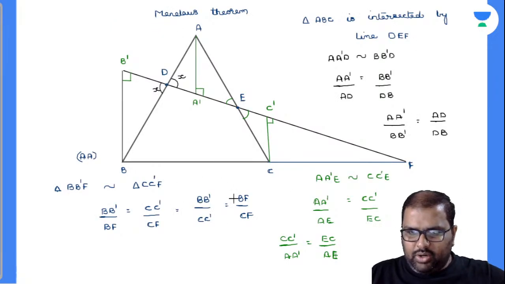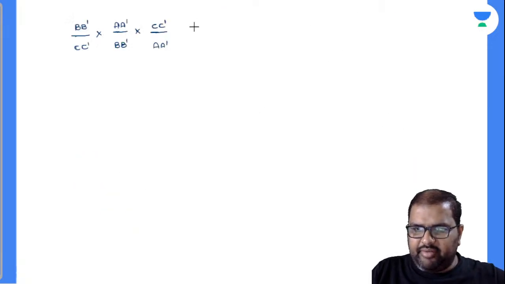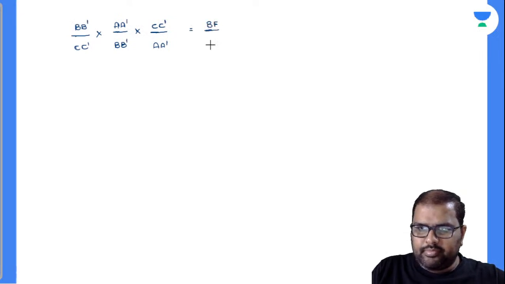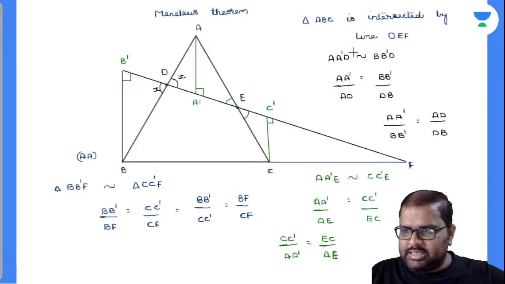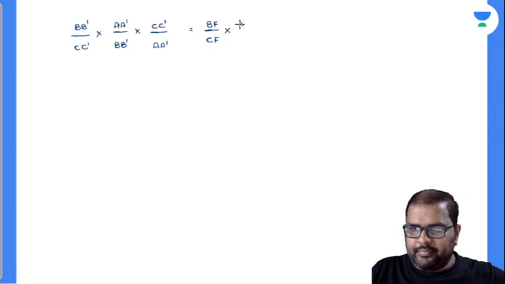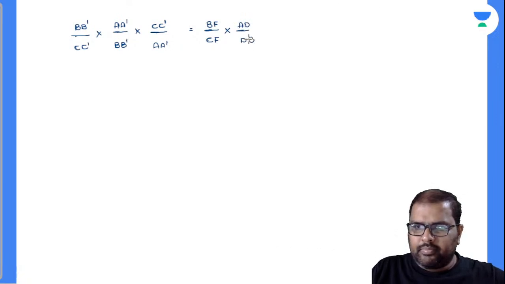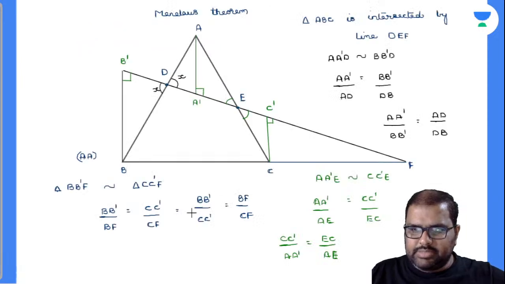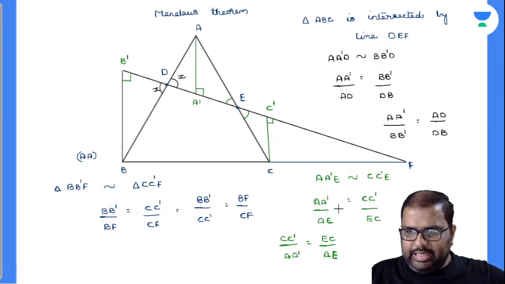Now let's write down all the values: BF divided by CF, into AA dash by BB dash is AD by DB. Now CC dash by AA dash will be how much? EC by AE.